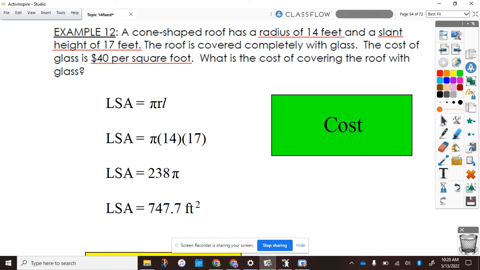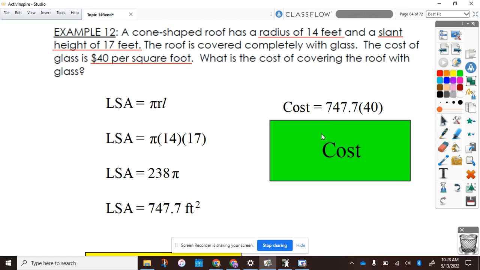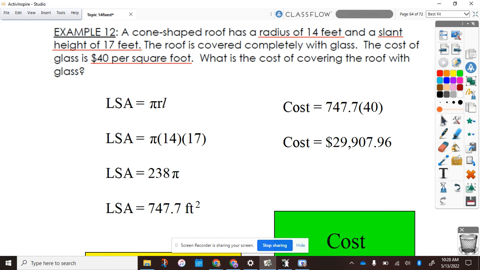Now, the reason we want to get a solid number of square feet is because of this last part. The question is asking, what is the cost of covering the roof? And it gives us a price per square foot. Since it gives us a price per square foot, we're going to multiply this 747 times that cost. And that gives us our total cost, which is a lot of money. It ends up being almost $30,000, y'all.